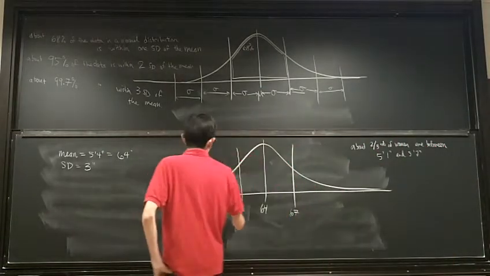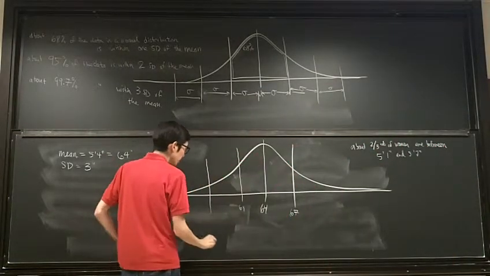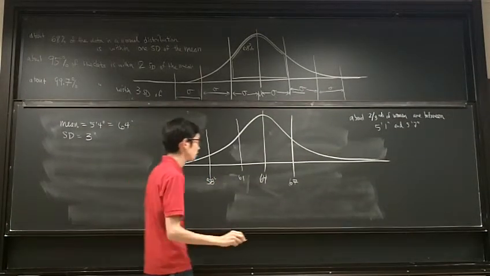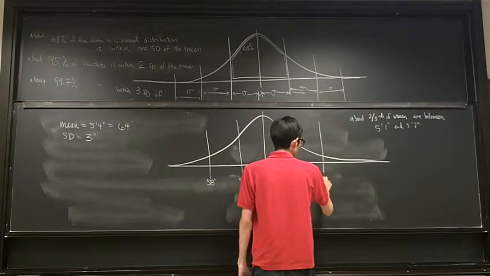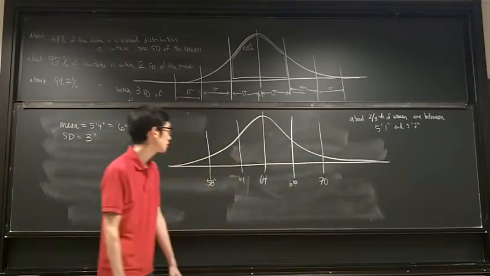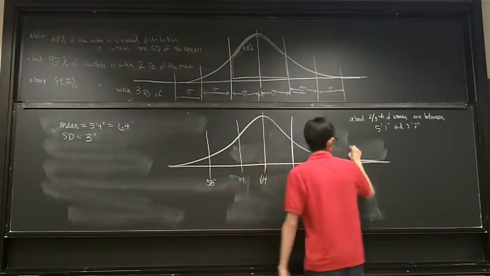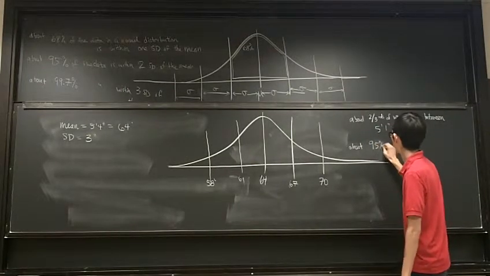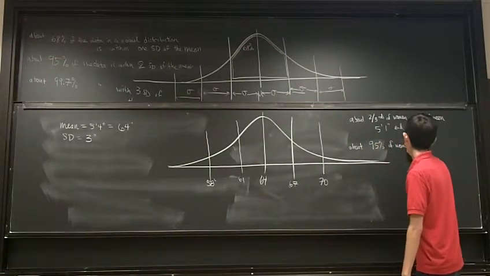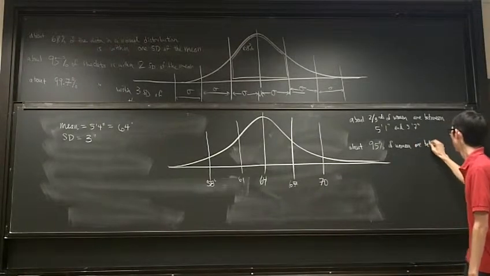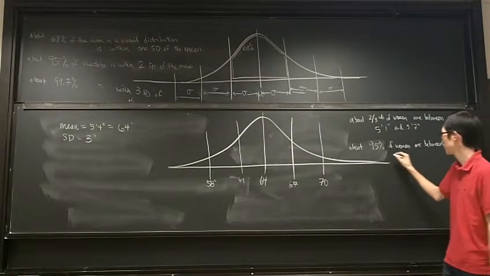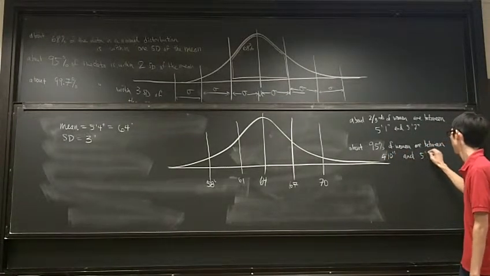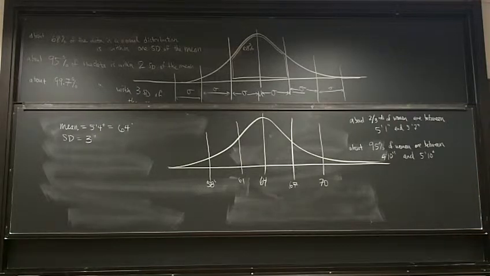I hope. Now, if I go out another 3 inches, this takes me to 58 and 70. And so that says about 95% of women are between 4'10" and 5'10".